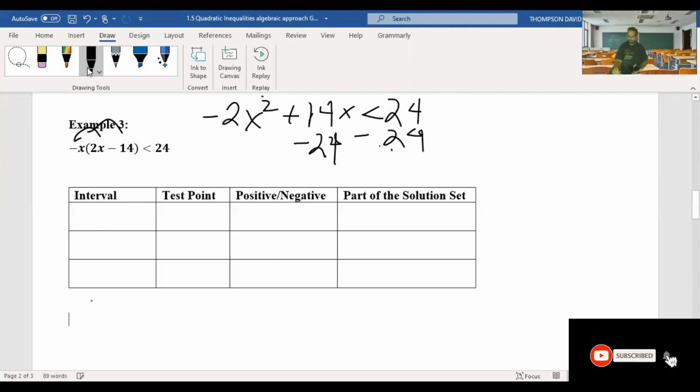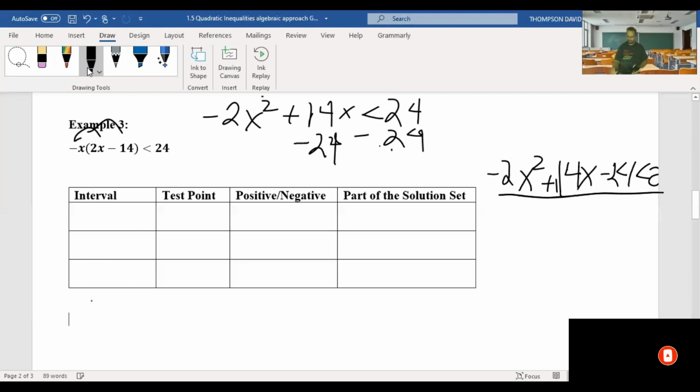to leave us with negative 2x squared plus 14x minus 24 is less than 0. We're going to divide out a negative 2 from everything to make our job easy.